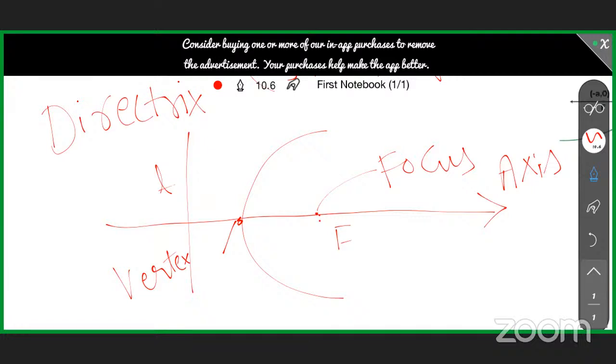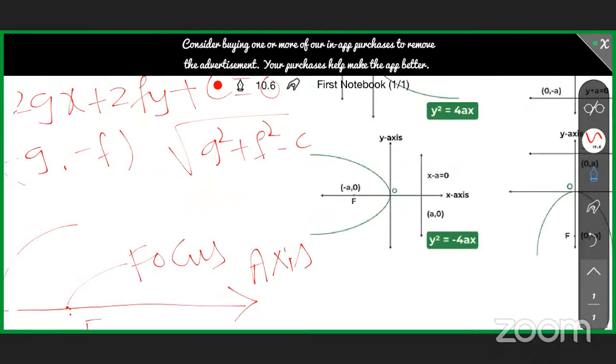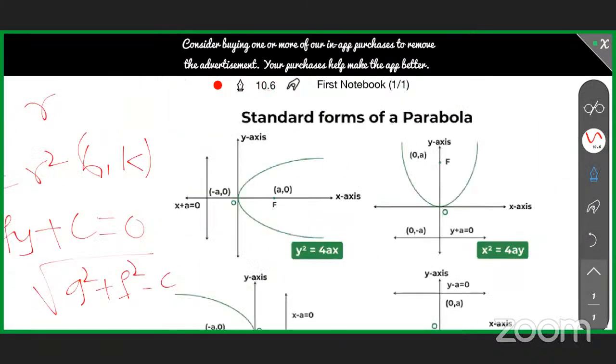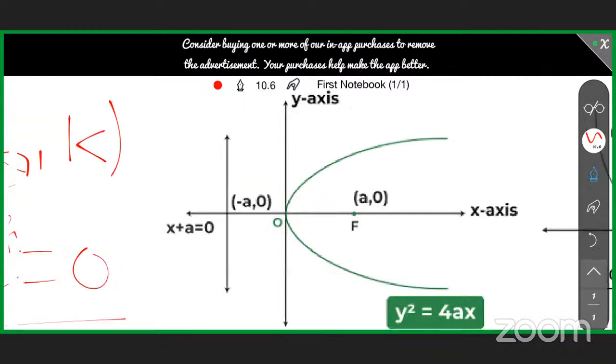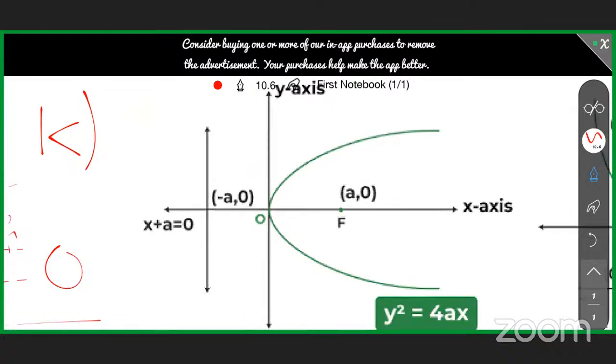Now we will go to the standard equations of parabola. The first standard equation that we'll be discussing today is y square is equal to 4ax. See, when the parabola has its vertex at the origin, it is easy for us to get the equations.